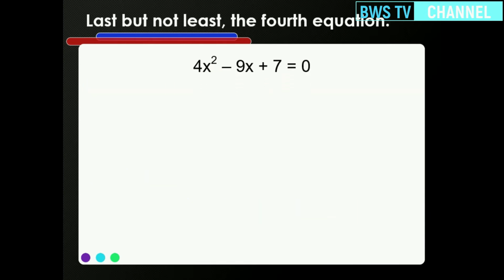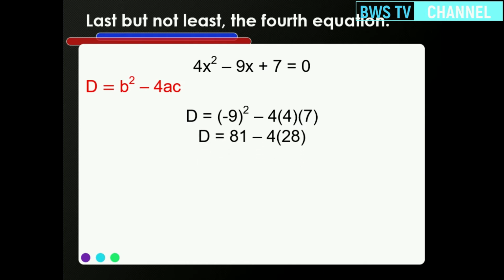So we have 4x squared minus 9x plus 7 is equal to 0. Same thing, apply the formula. Then, substitution, you have negative 9 squared minus 4 times 4 times 7. Simplify, so you have 81 minus 4 times 28. Simplify again, you have 81 minus 112.